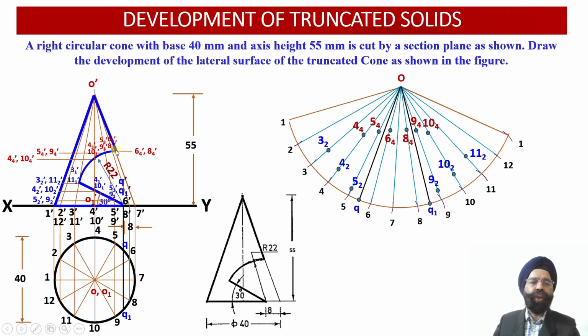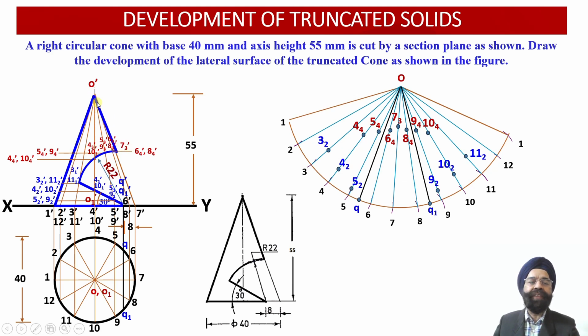Now the next point of intersection of the circular sectional plane with the true length of the slant generator O-7 dash happens to be the point, this one, 7-3 dash. So now we need to measure the distance of the point 7-3 dash from the O dash. Now we need not obtain 7-4 dash. Why?